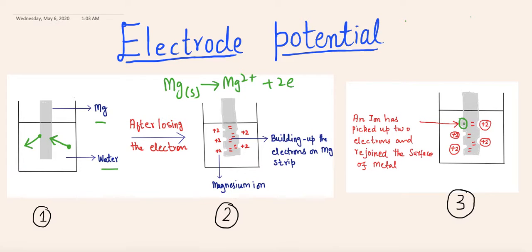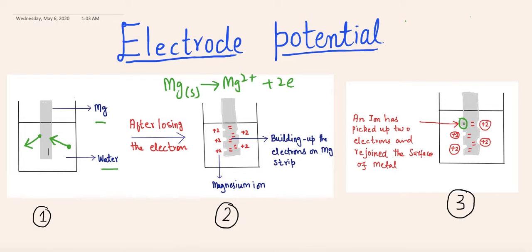This is the potential difference, and you can measure this potential difference in terms of voltage. You can record this potential difference as a voltage.